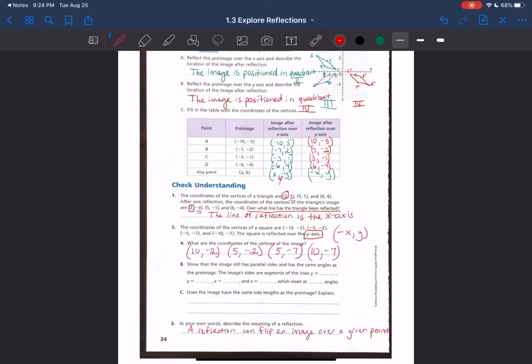Basically we need to remember flip. And it's going to go over either the x or the y axis.